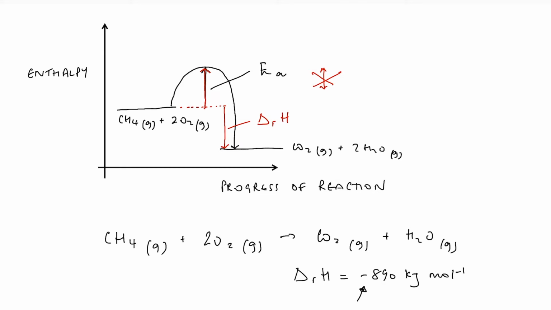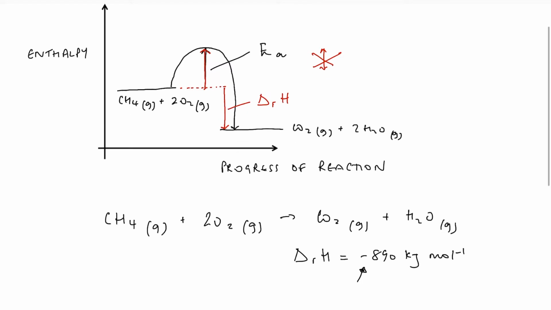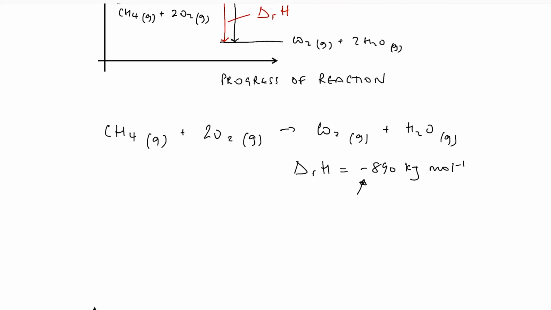So let's break this down a little. How do we actually get from methane and oxygen to carbon dioxide and water? Well, clearly what I have to do is break the bonds in the methane. So I need to break up these carbon-hydrogen bonds. And remember, a bond is in its simplest form an electrostatic attraction between the protons in each nuclei and the shared pair of electrons. So to overcome that attraction, we have to put energy in.